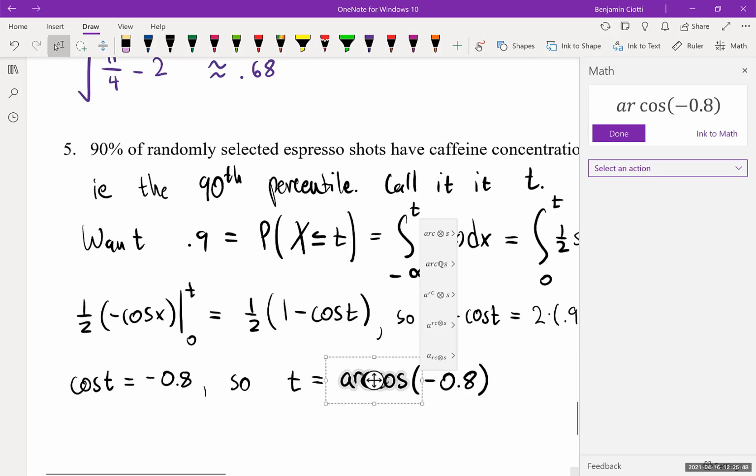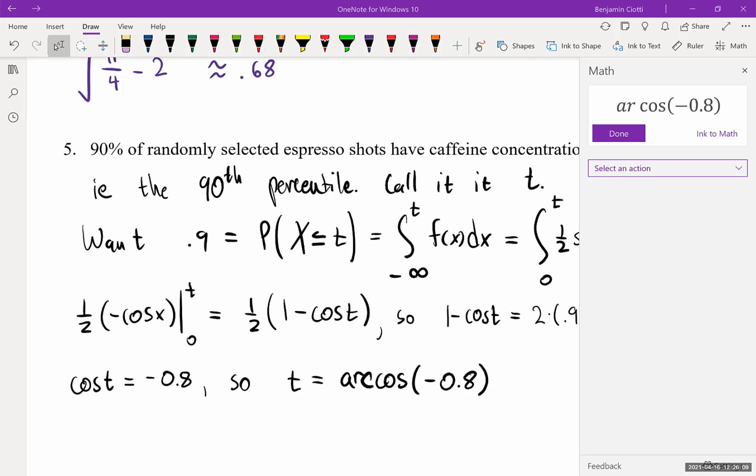We'll just use Desmos real fast. .49 or 2.50 actually.